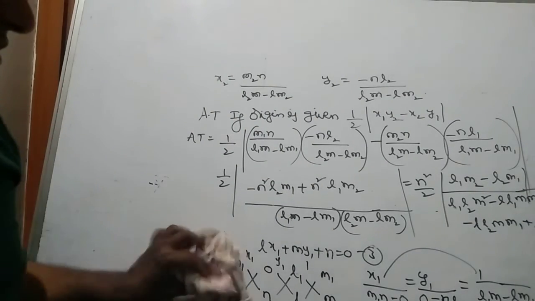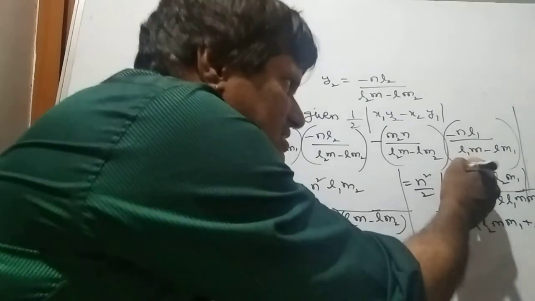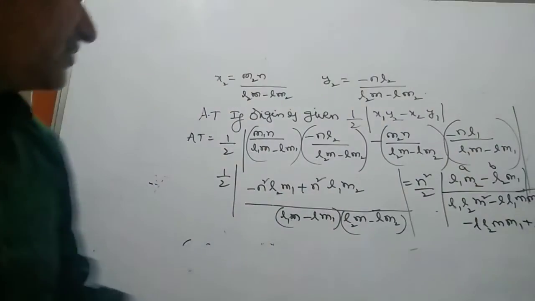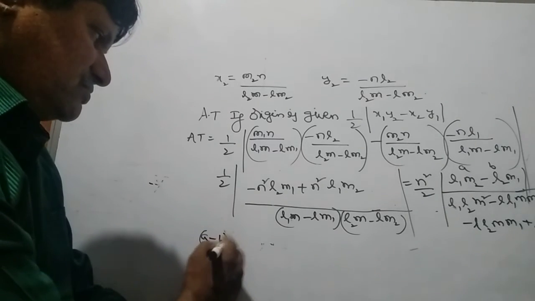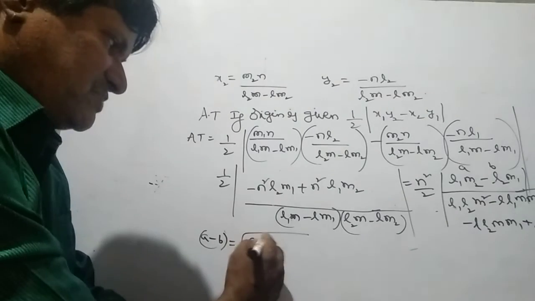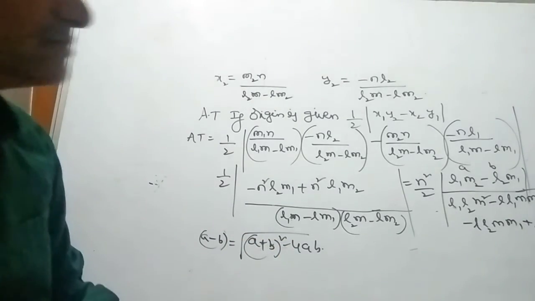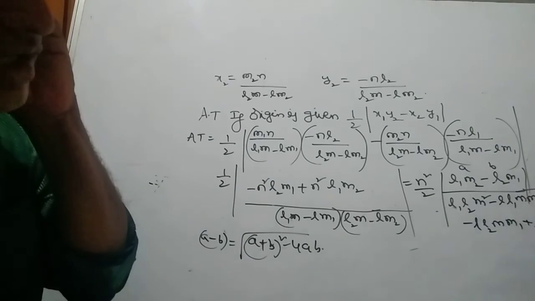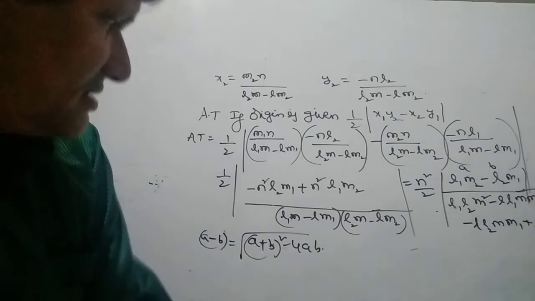So in the numerator, this is A, this is B. One formula is there. What is the formula? A minus B is equal to root of A plus B whole square minus 4AB. This is the formula, right? Using this formula, you can apply.